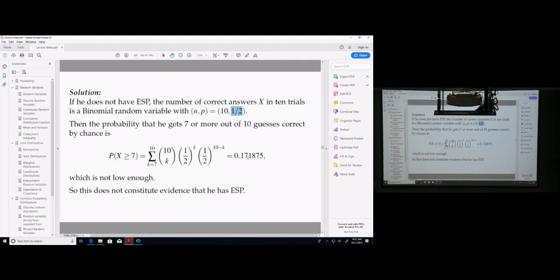Some of you may not claim you have ESP, but some of you probably claim you can tell Pepsi Cola from Coca-Cola, right? In a lot of blind taste tests, actually, it had a business implication quite some time ago. Pepsi Cola conducted a lot of blind tests, and the tests indicated that people actually prefer Pepsi Cola.